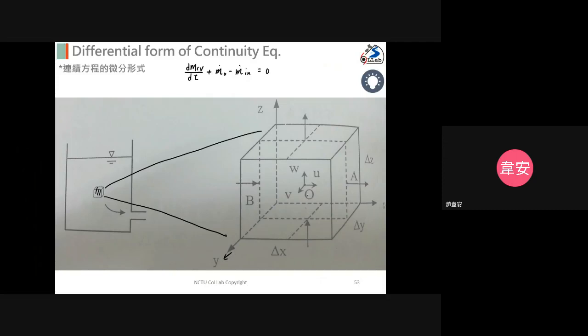Here we have the Y, the X, and the Z, so a three-dimensional coordinate. First we focus on the control volume and the control surface on the Z-X plane.